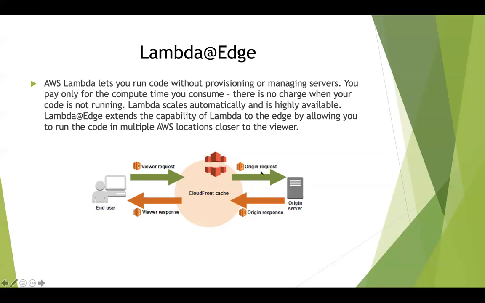So this function is not going to run at that particular point. The viewer request function runs before the object is checked against the cache, and this function will run only when the CloudFront cache is going to talk to the origin server to retrieve that object. If the object is already in the cache, it's going to directly respond to the end user, and this function will not run.